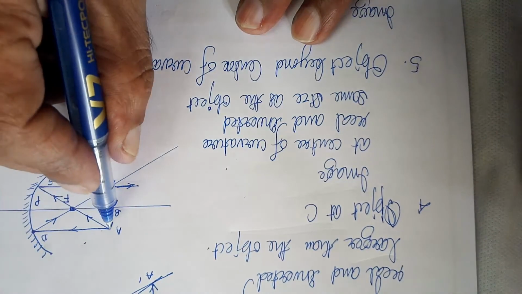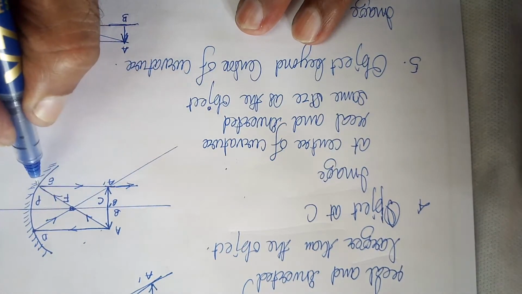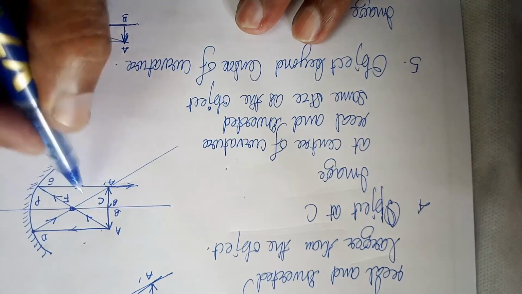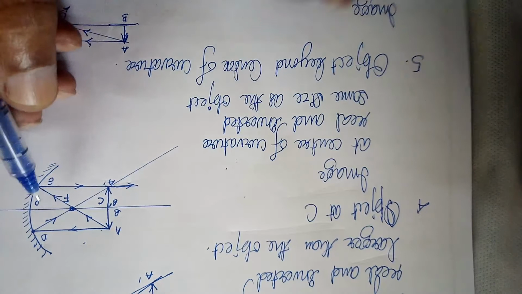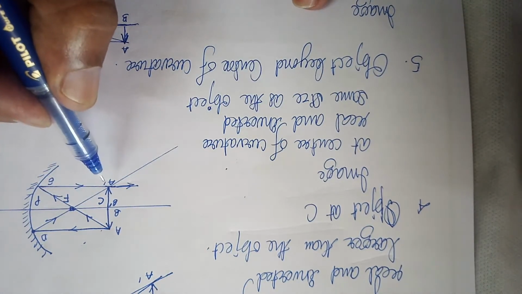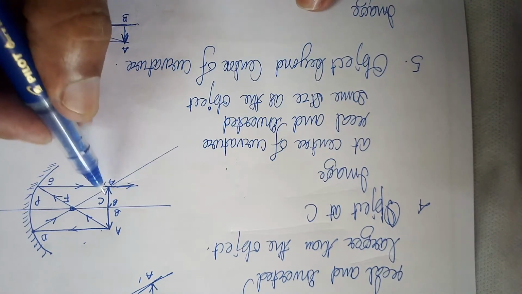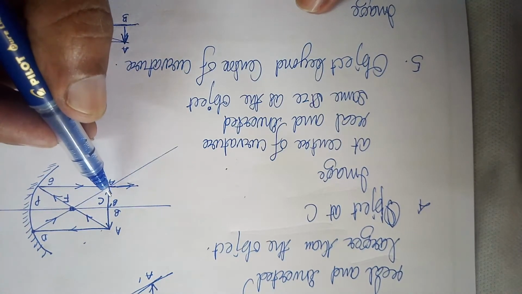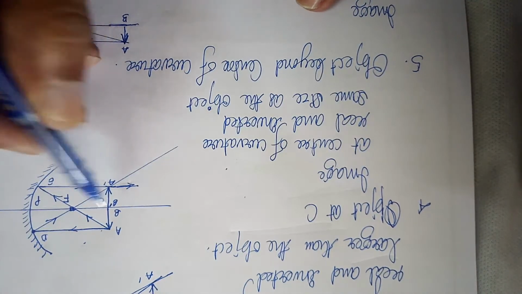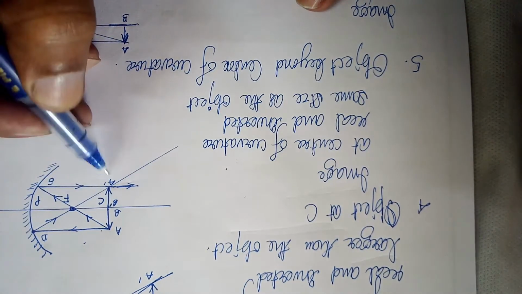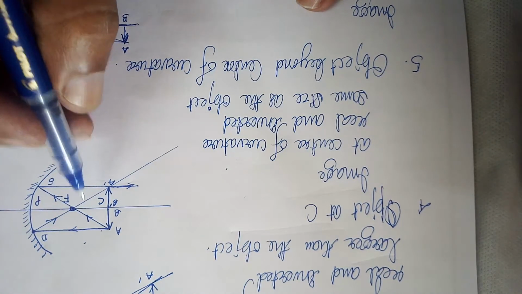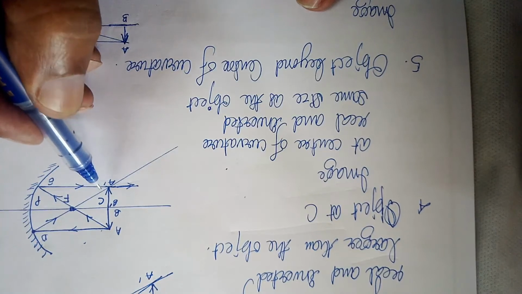And if a ray of light passing through the focus will go parallel to the principal axis after reflection. Both rays will intersect at this point A dash, and we can retrace the object and say A dash B dash, and we will get an inverted image of AB at the very same point, which is the center of curvature.